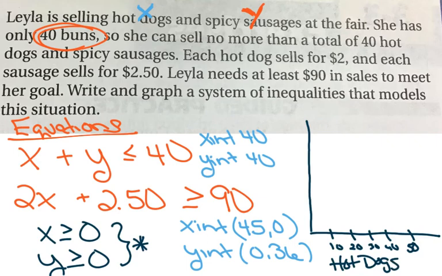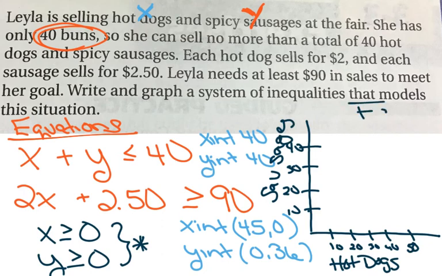Okay, and on the other one, we need to get up to at least 40. So I think I'll go by 10s again. 10, 20, 30, and 40. Again, these are the sausages. All right, and she's selling them at the fair, so I'm going to title my graph before I forget: fair. Okay? All right, so let's get these things on here.